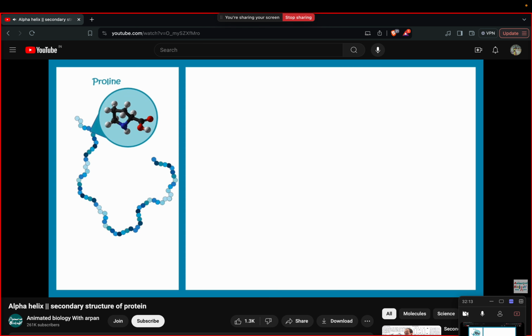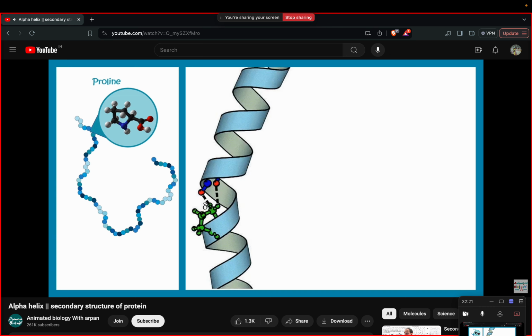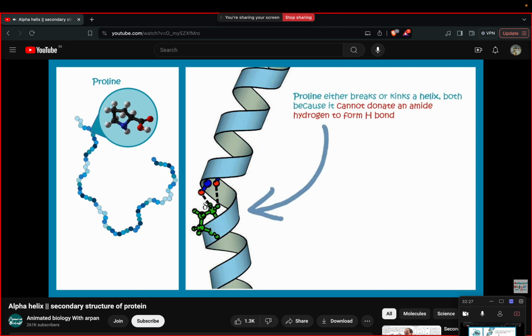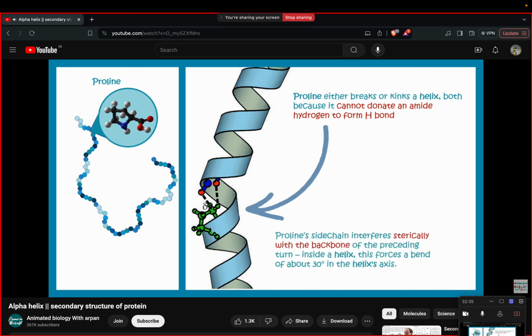Other amino acids such as proline are also termed helix breakers, because once proline is present in a secondary structure, it would create a tilt in the secondary structure, as you can see here. And the amide hydrogen of proline cannot be used to make hydrogen bonds.